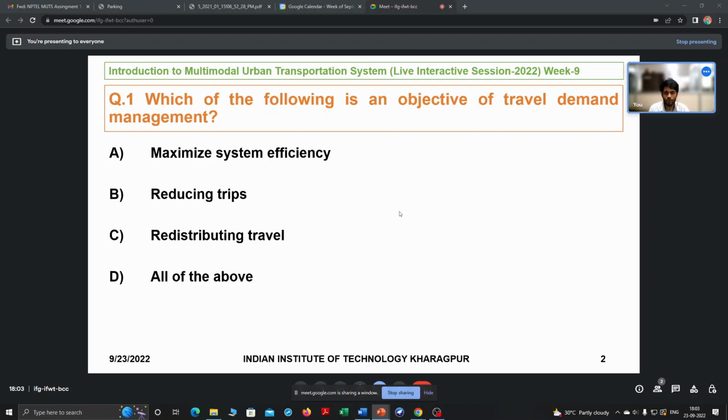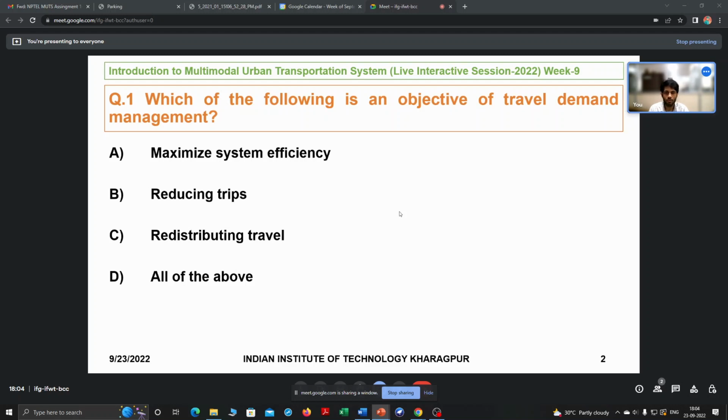Suppose you have a fixed capacity on the road, right? Suppose you have a 2-lane road, with a width of 3.5 meters, which is the standard in the Indian scenario. Then you have an excess of vehicles.